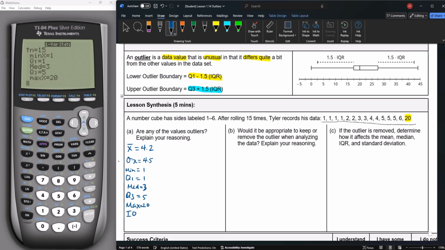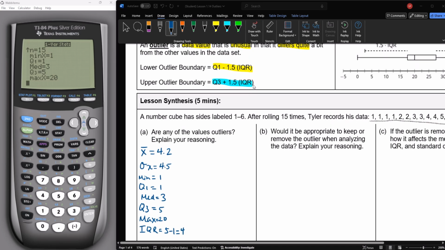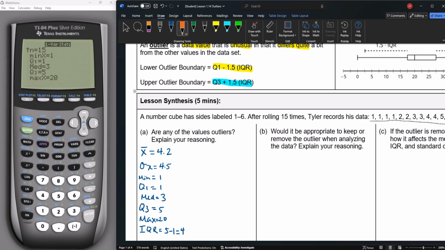And also you want to find the IQR. Remember, IQR is when you take Q3 and subtract Q1, and in this case that gives us 4. So now we're going to use the formulas to see if we have a lower outlier boundary and an upper outlier boundary. For the lower outlier boundary, you take Q1 minus 1.5 times your IQR.